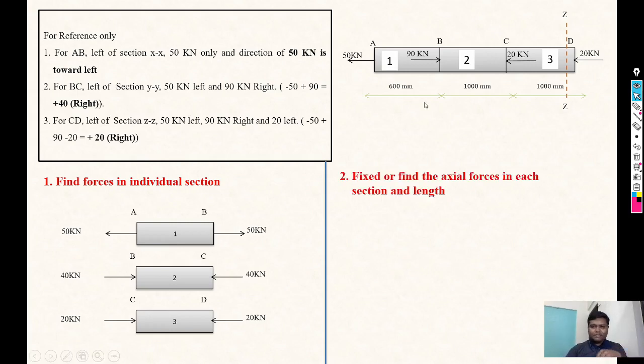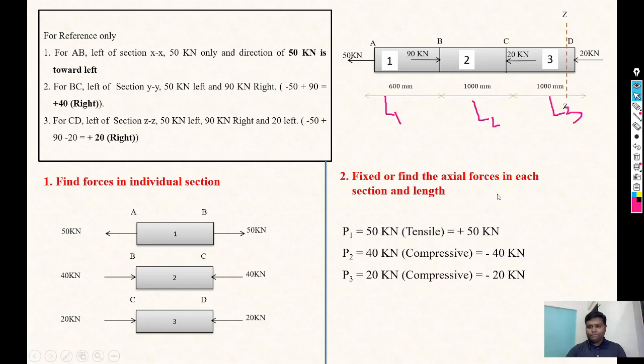Lengths are given. Let's consider this as L1, this is L2, and this is L3. Now the main important thing is to calculate the total elongation. P1, P2, P3: P1 means axial force on the first section, it is tensile, consider positive. P2 means axial force on the second subsection, it is compressive, so consider negative.